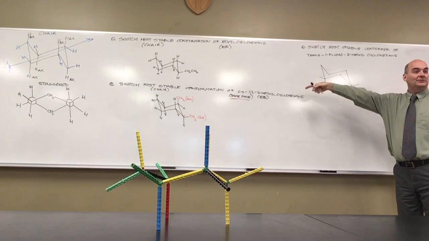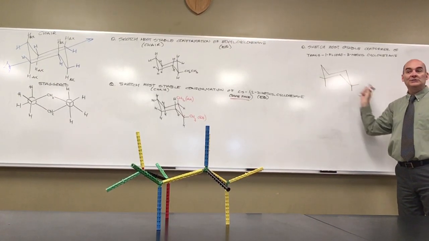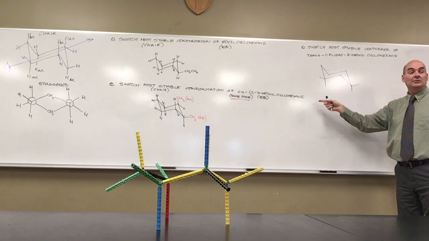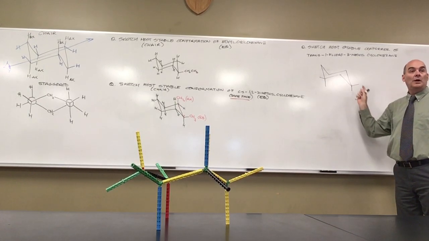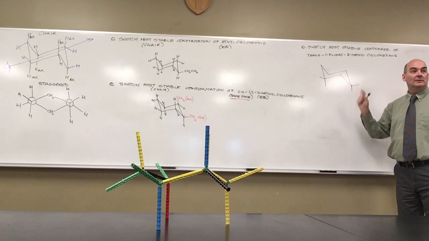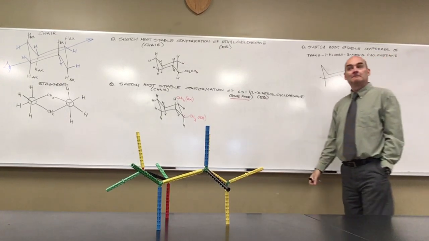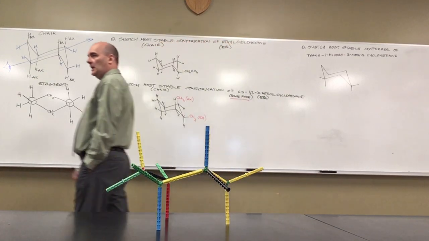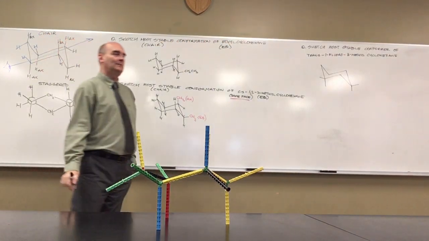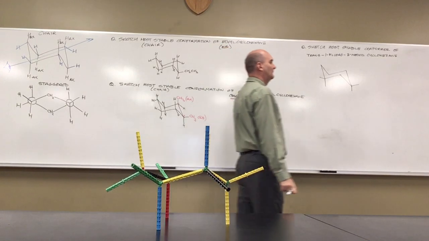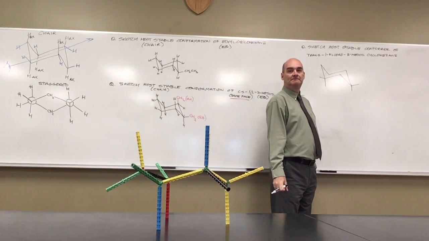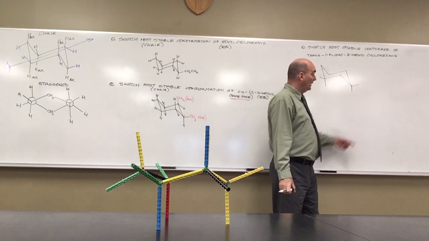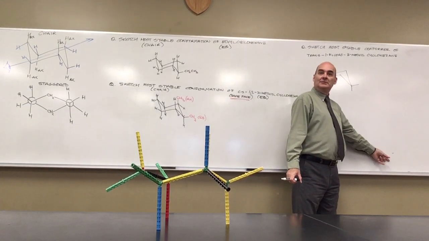Again, we've got a mix. Cannot have both of these groups be equatorial, cannot have both of these groups be axial. One or the other. Okay, so I'm going to make one of them be equatorial, and I'm going to make the other one be axial. Which group gets to be equatorial? The methyl does, because of that list that I drew.